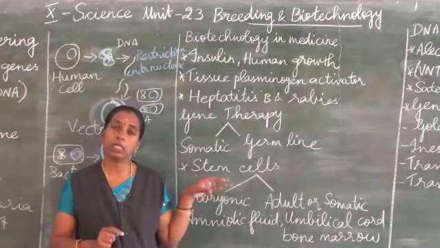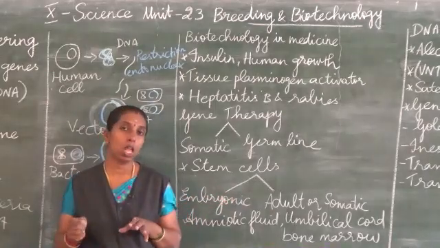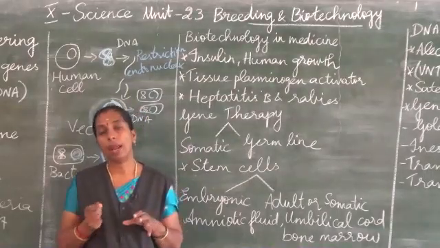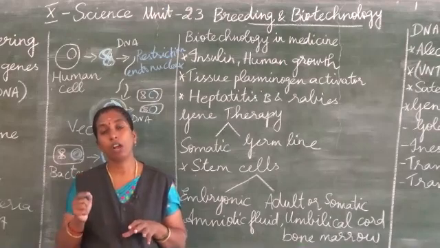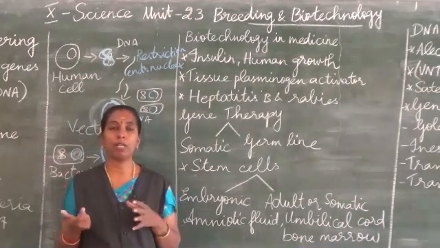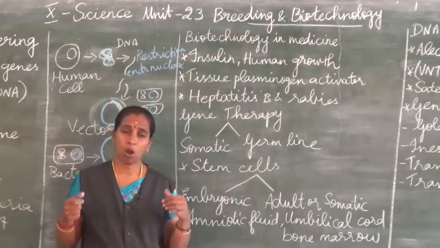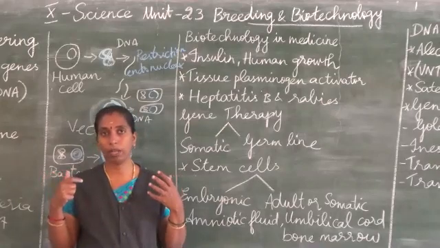So using these stem cells we can cure certain neurological disorders. For example, Parkinson's disease, Alzheimer's disease. Parkinson's disease is a neurological disorder, and here the symptoms will be stiffness, and body movements will be slow.